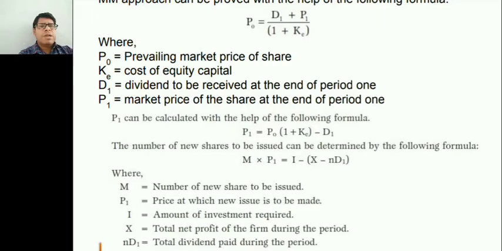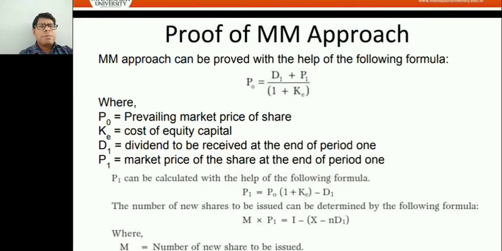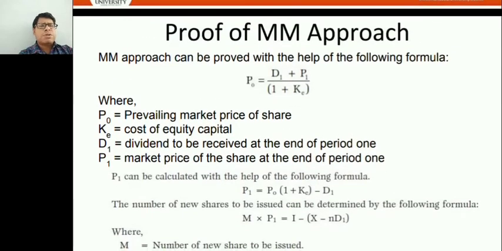This is the way we can calculate the number of new shares to be issued. So basically, when we're talking about this approach, P0 equals D1 plus P1 upon 1 plus cost of equity is the most important formula to understand it.